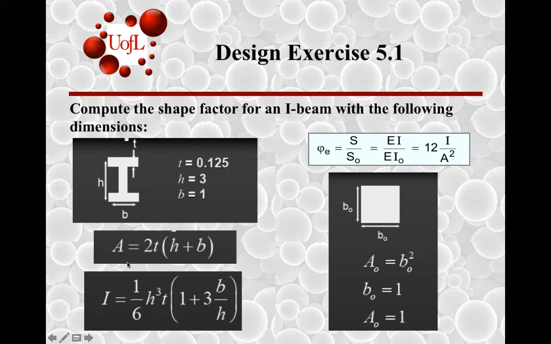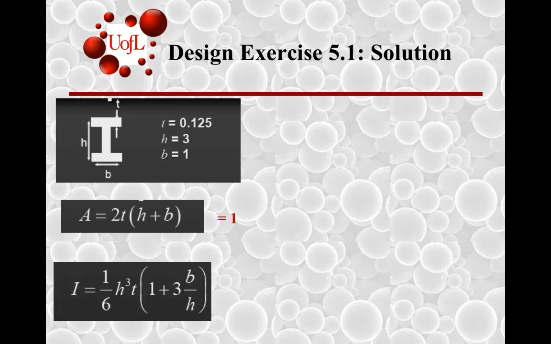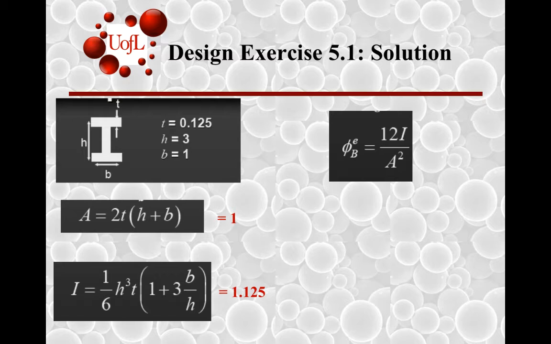So if you substitute the terms for H, T, and B, what do you get for I? What do you get for A? A is 4 times 0.125 times 2, and so it's 1. I is 1.125 if you substitute the terms over there. And so phi B for the values of I and A will be 13.5.